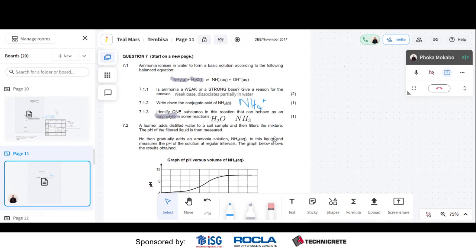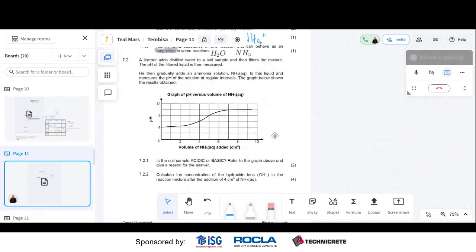Cool. 7.2. They say a learner adds distilled water to a soil sample and then filters the mixture. The pH value of the filtered liquid is then measured, right?